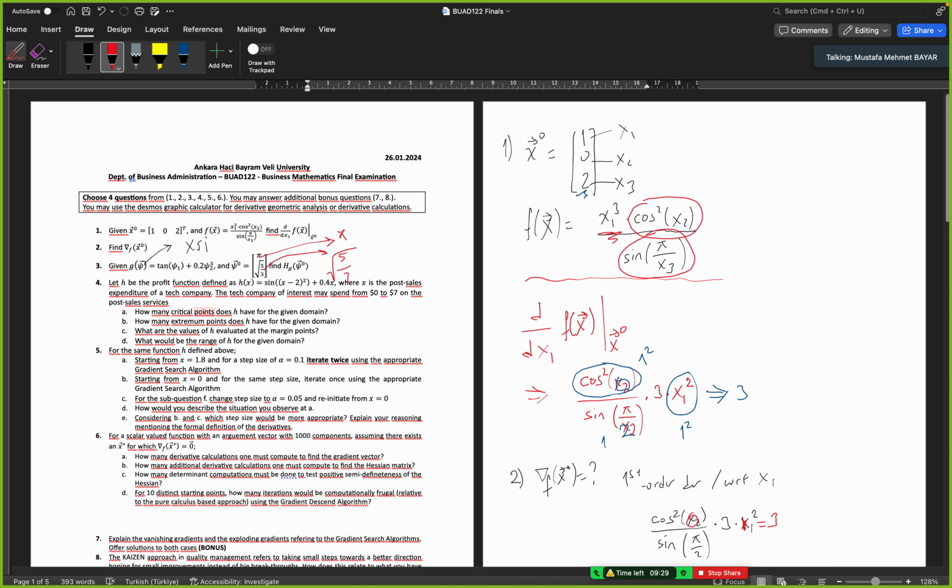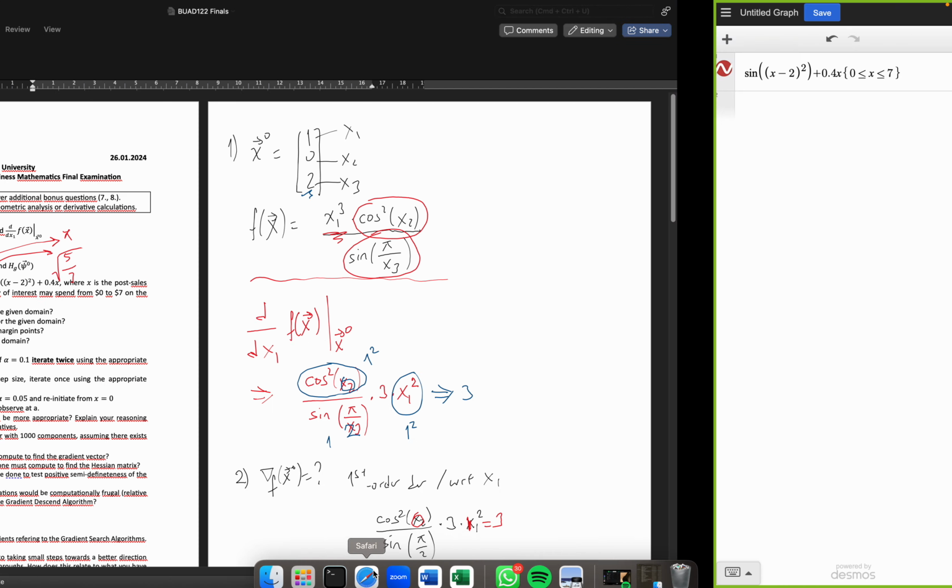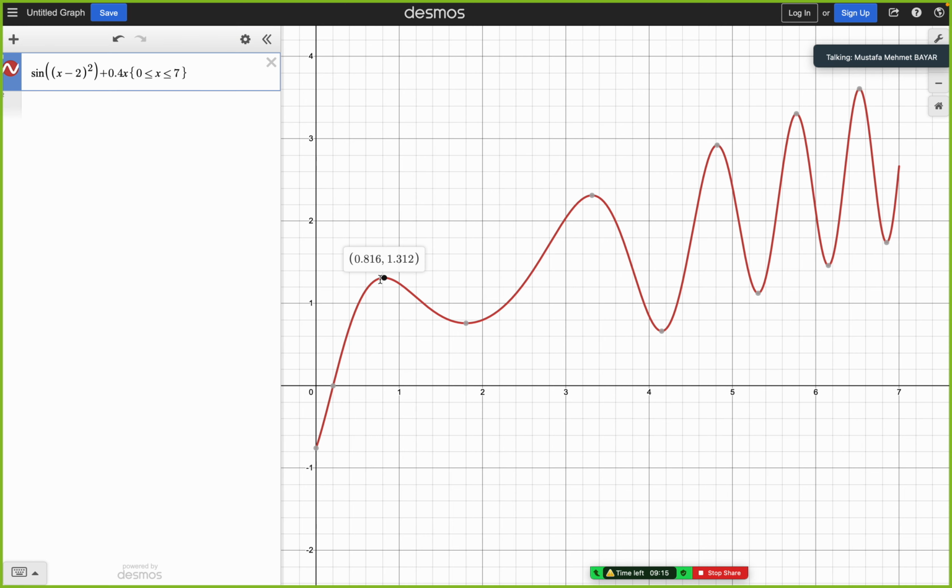The first question is, how many critical points does H have for the given domain? So it is just a simple counting operation for this question. So this is a critical point, this is 2, and all the peaks and bottoms for the wiggling function are critical points.